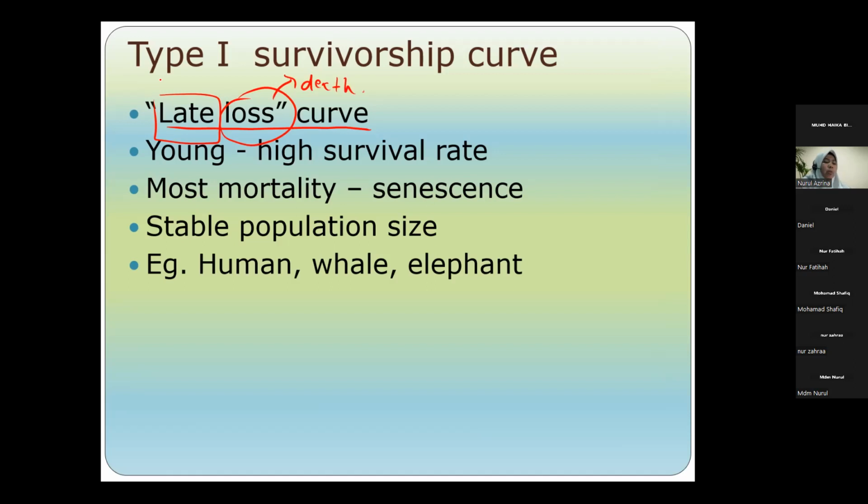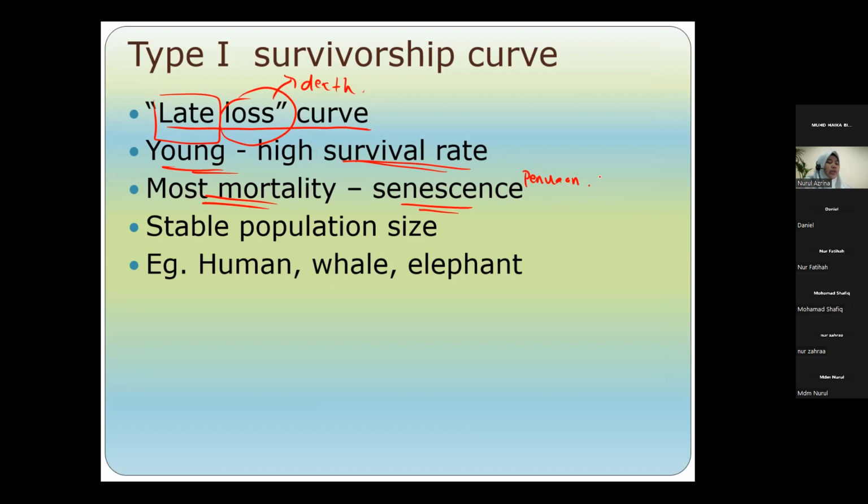For type 1 stated that young age usually has high survival rate and most mortality happen at the age of or due to senescence, penuaan. Maksudnya tua lah. Maksudnya umur kematian banyak ataupun tinggi kadar kematian pada umur-umur yang agak tua.